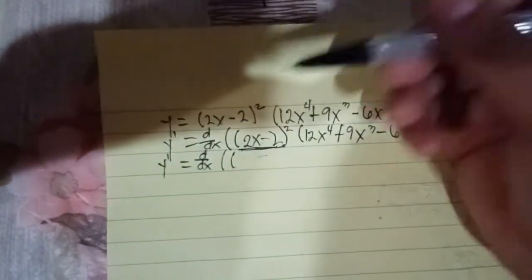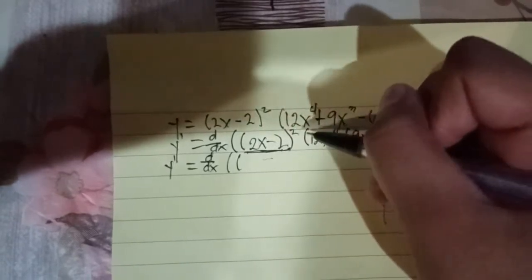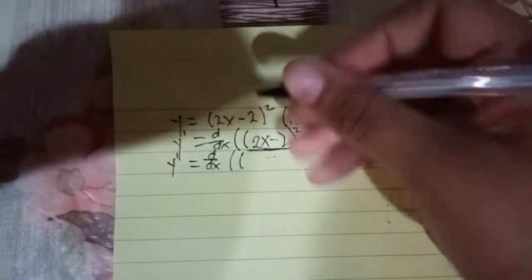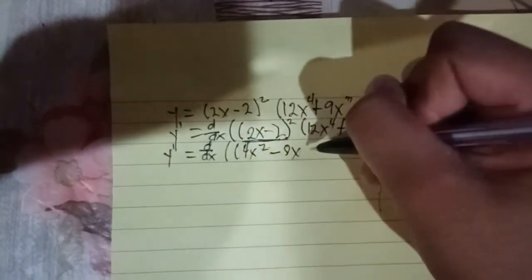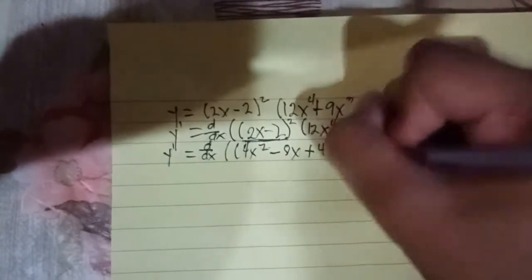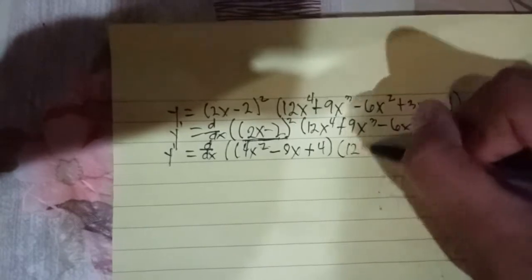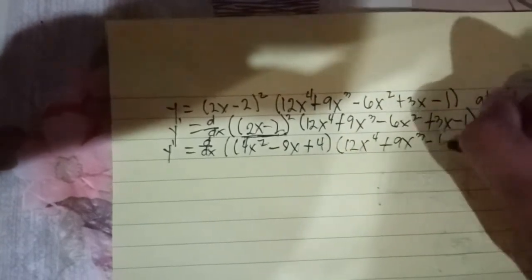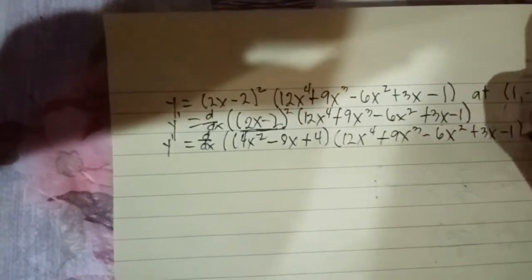If you want, you can use the FOIL method, which you multiply 2x minus 2 by 2x minus 2. It will result to 4x squared minus 8x plus 4. Multiply it to this, copy this one: 12x raised to the power of 4 plus 9x raised to the power of 3 minus 6x raised to the power of 2 plus 3x minus 1.